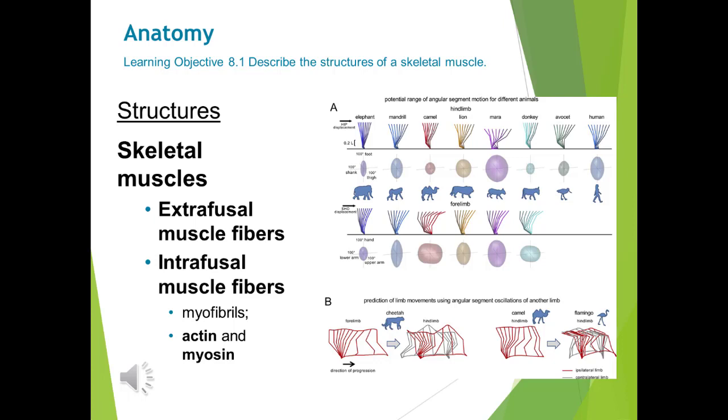These include the extrafusal muscle fibers and the intrafusal muscle fibers. Both of these muscle fibers consist of a bundle of myofibrils and overlapping strands of actin and myosin.